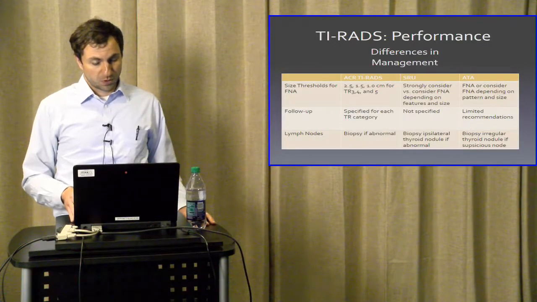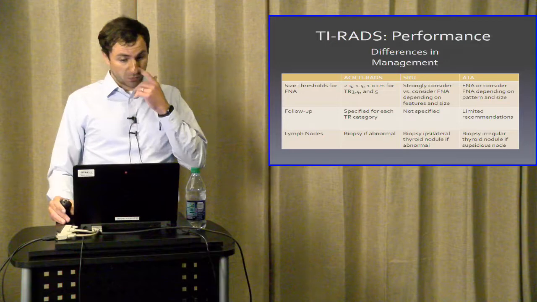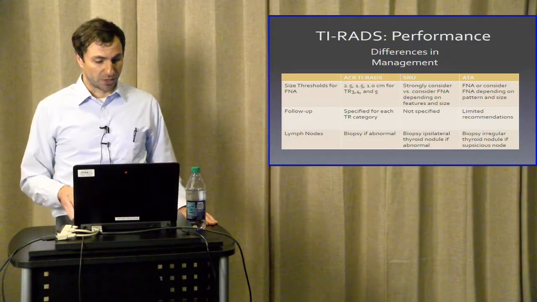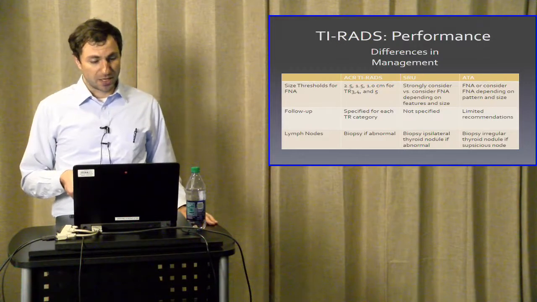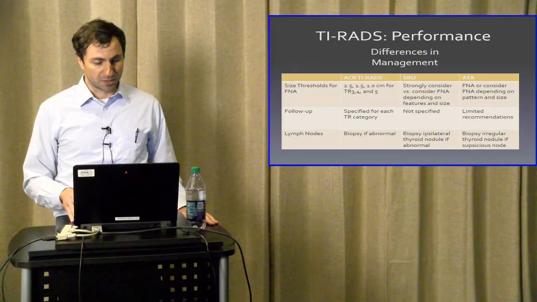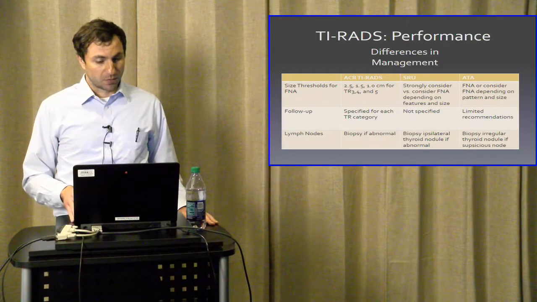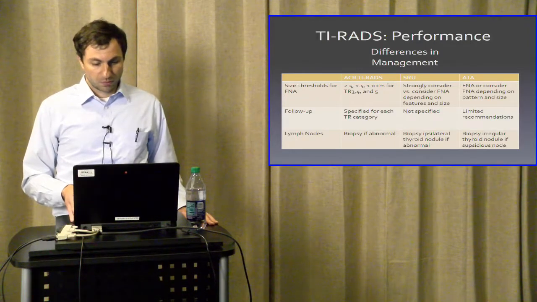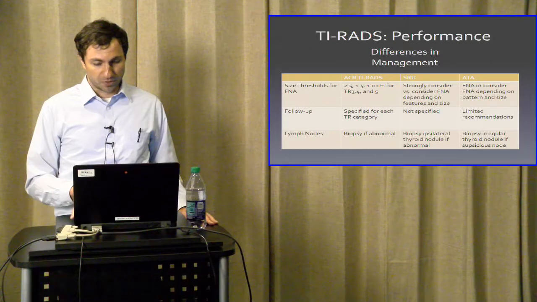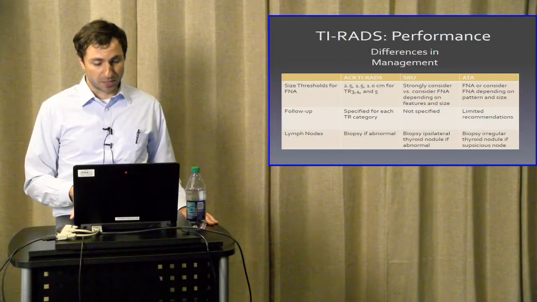Also differences in management, like I pointed out before: there are clear size thresholds for follow-up and clear size thresholds for FNA based on each of the TI-RADS scores, whereas the other ones are slightly more vague in their recommendations, and there are no specific follow-up guidelines.